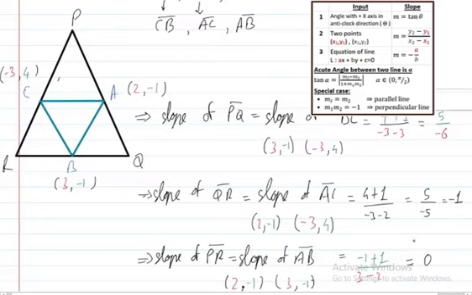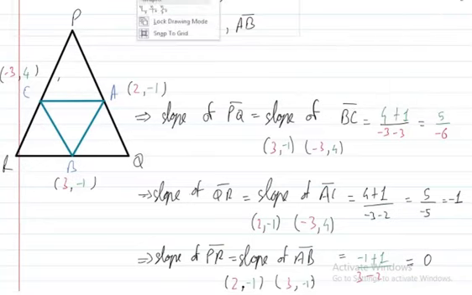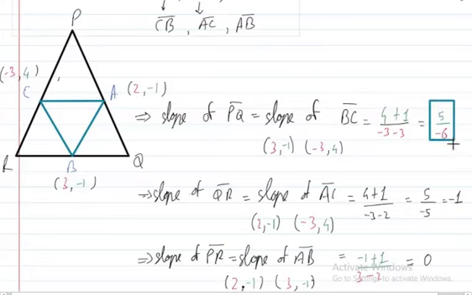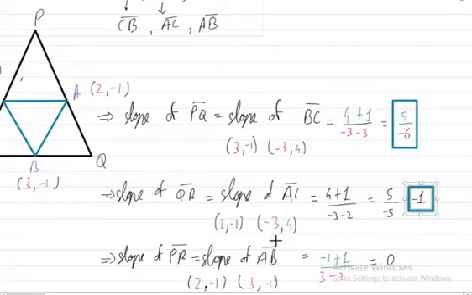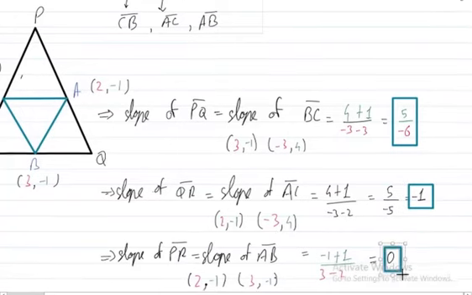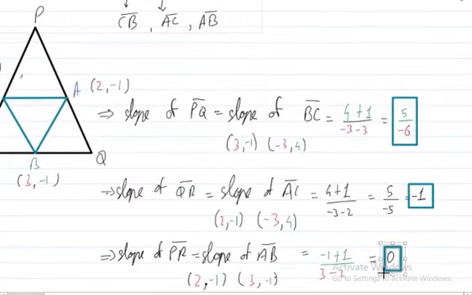So we get our final answer. The slope of PQ is -5/6, the slope of QR is -1, and the slope of PR will be 0. The slope of PR equal to 0 suggests that our line PR is a horizontal line.